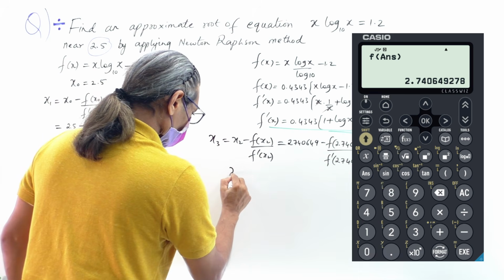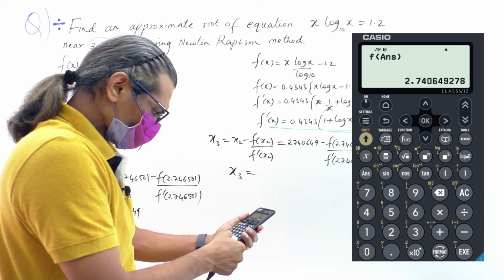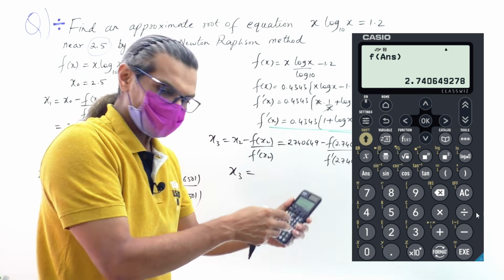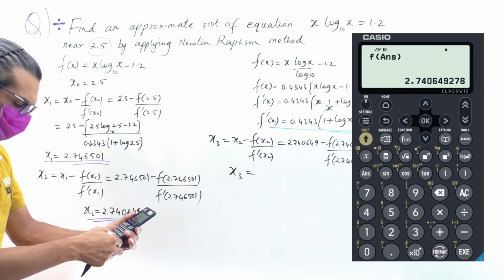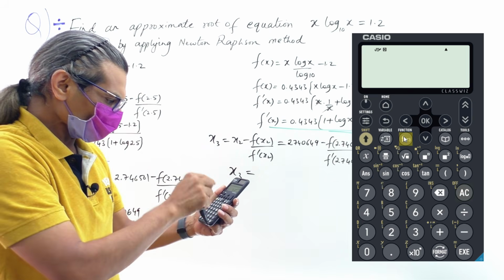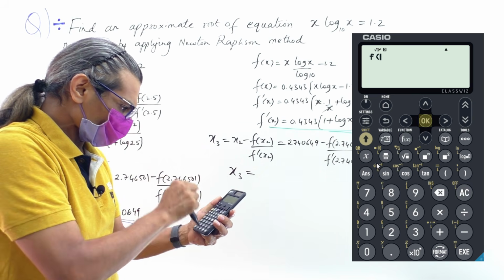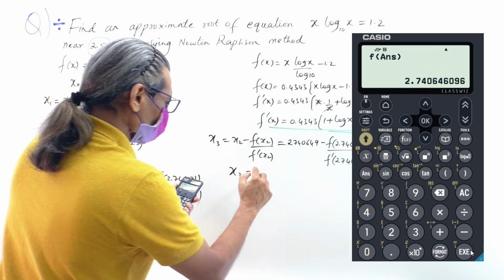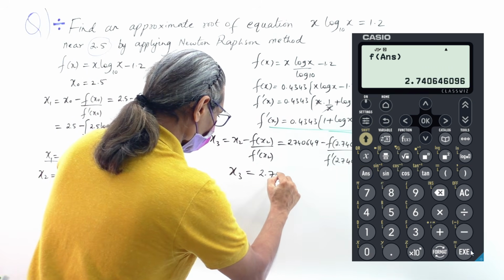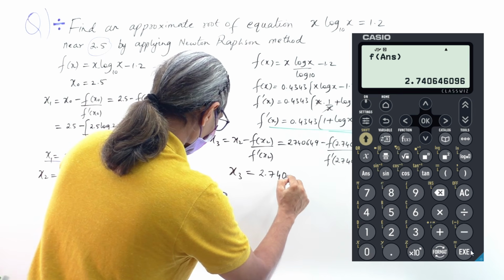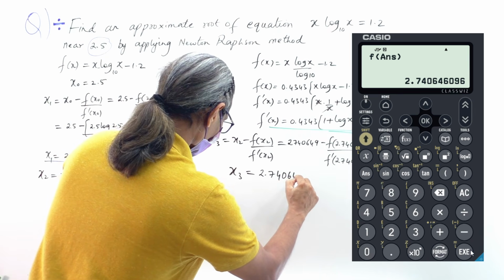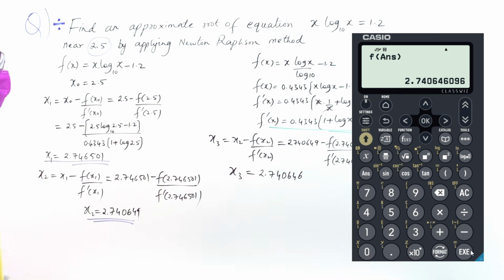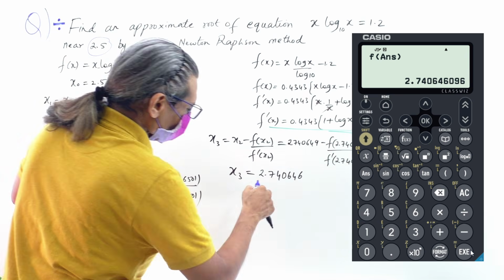So x3 is equal to, again whatever we found here is stored in answer, again f of answer. Execute. Again you're getting the same thing, 2.740646. That's all.